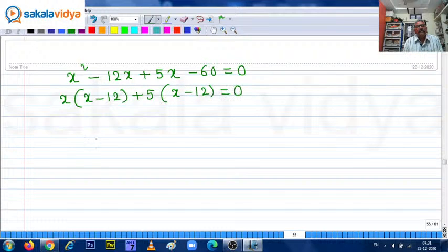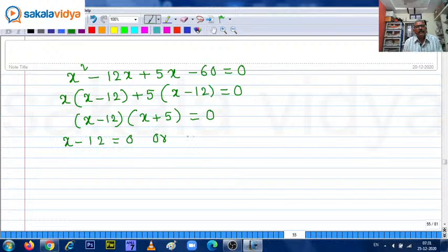X minus 12 is common. We have x plus 5 equals 0. So we get x minus 12 equals 0 or x plus 5 equals 0. Am I correct? So x equals 12 or x equals negative 5.